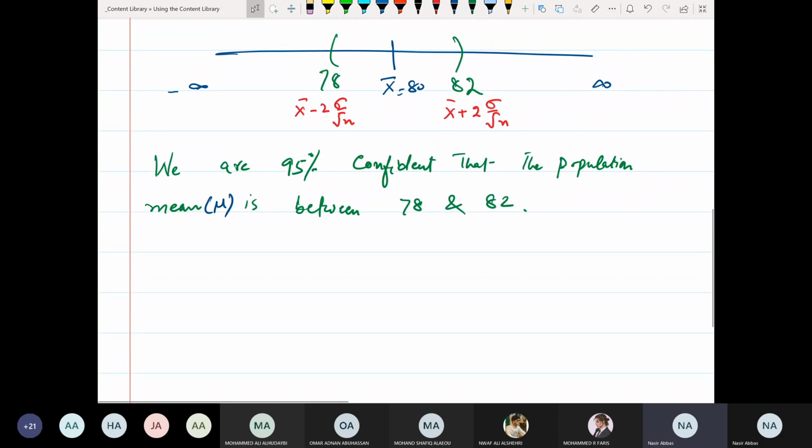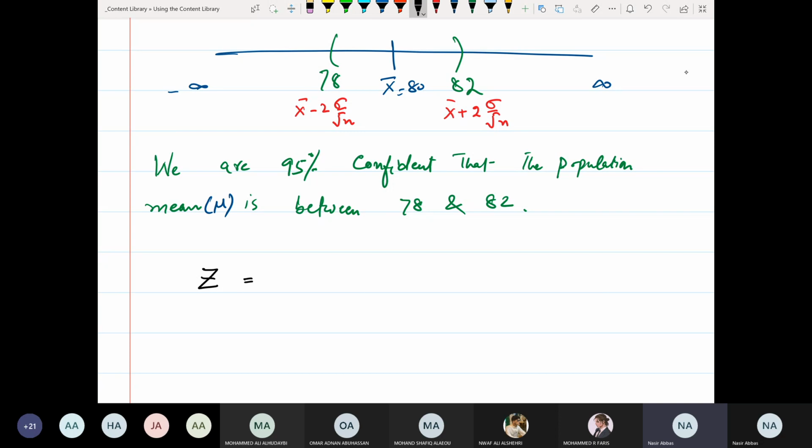This is called the confidence interval for mean, that we are a specific percent confident that mu will be between this and this. You can see it is coming from the sampling distribution of x bar. It is like x bar plus or minus something times sigma over square root of n. And the sampling distribution of x bar is what?